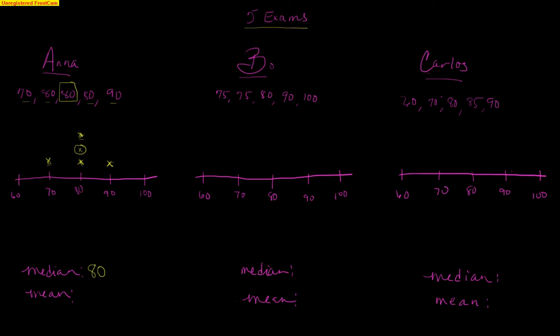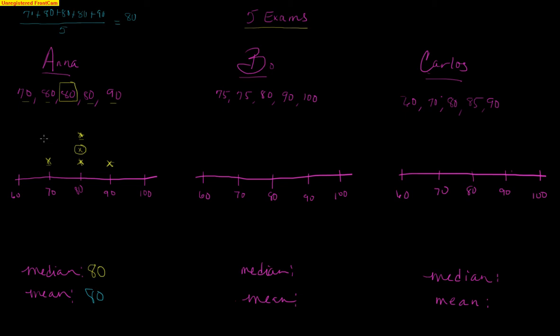Okay, now let's take a look at the mean. Now I know you all know how to find the mean. It's just the average, and you've probably learned that long ago. To find the average of a set of data, you take all that data, 70 plus 80 plus 80 plus 80 plus 90, you add them all up and you divide by 5, and if you do all of that on your calculator, you are going to discover that in fact the mean is exactly the same as the median in this data.